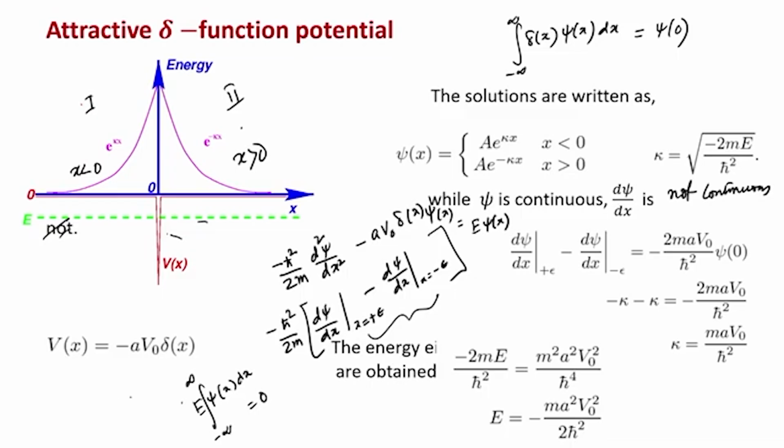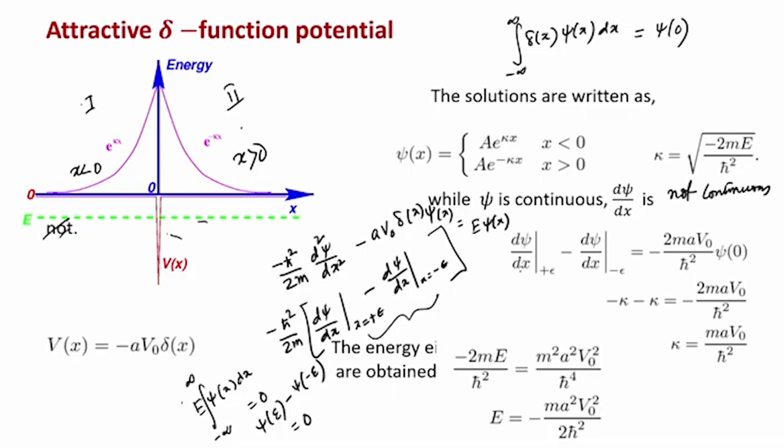Because you actually calculate this as psi at epsilon minus psi at minus epsilon. It became a little messy, but I hope you understand that the right hand side does not give any contribution. So, the only contribution to d psi dx just to the left of the barrier and just to the right of the barrier is given by 2 m a V naught by h cross square psi at 0.